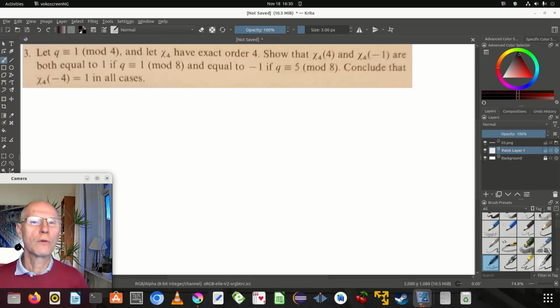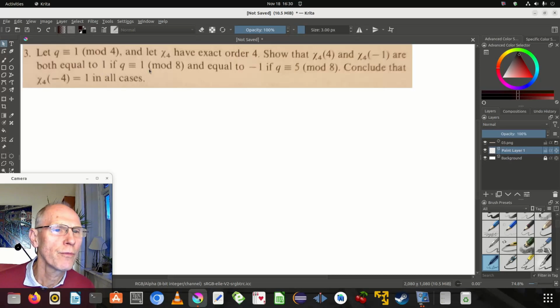That's actually a question. Oh yes, there will, because 4 divides the order. Good. Then we have to show that chi of 4 and chi 4 of minus 1 in this case. All right.